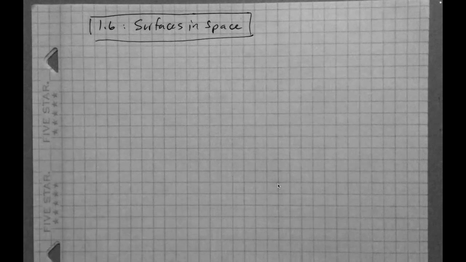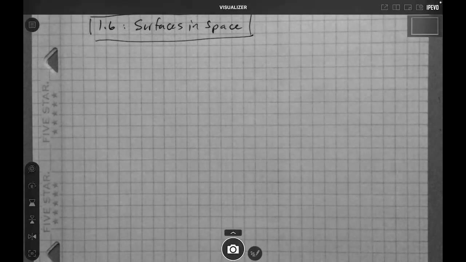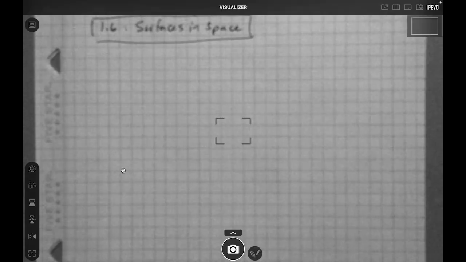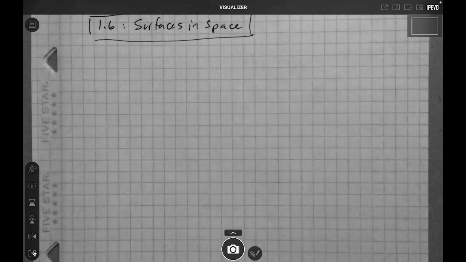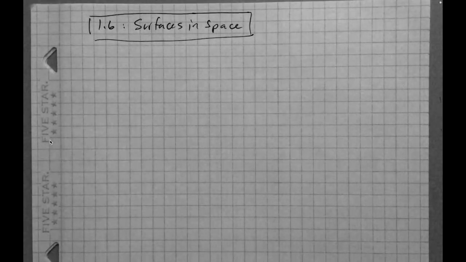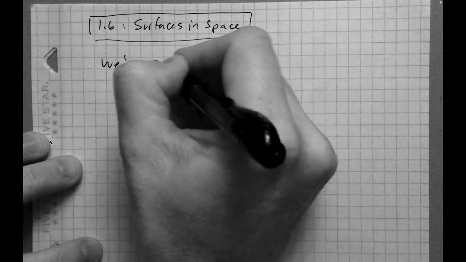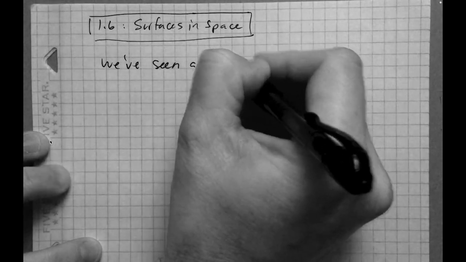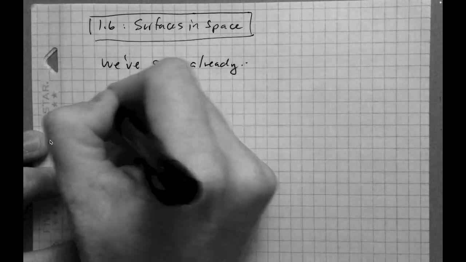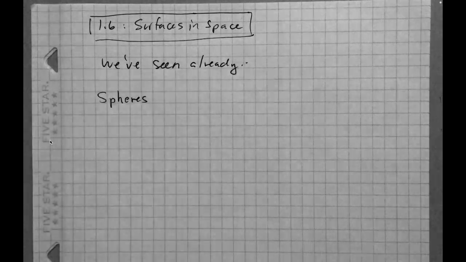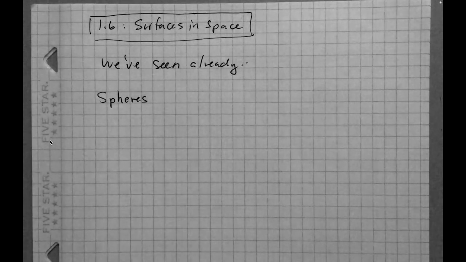We'll call this section 1.6, surfaces in space. Up to this point, we have seen some surfaces in space, like spheres. Basically, you take a circle in 2D space and rotate it, and you get a sphere.